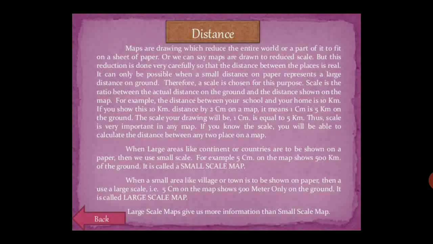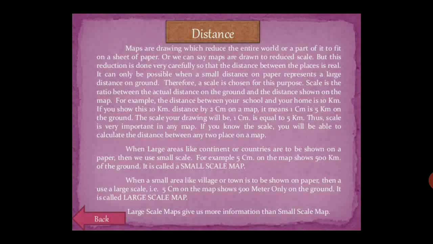On the basis of this, we have two types of scale: small scale map and large scale map. When a large area like a continent or country is to be shown on paper, then we use small scale. For example, 5 centimeters on the map shows 500 kilometers on the ground.